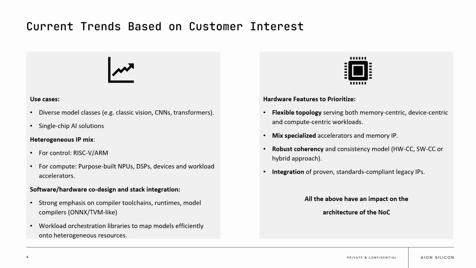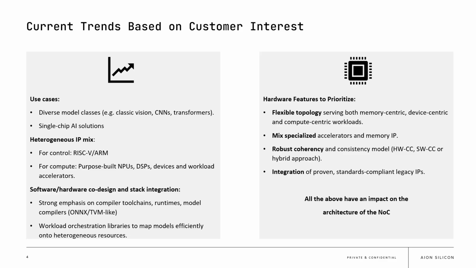With transformers, we've got encode only, which are your vision transformers, and then you've got decode transformers, which are similar to LLMs. In addition to that, we're seeing demand for classical vision applications as well. There is also demand for single chip AI solutions ever since DeepSeek had their success with a relatively small model compared to the GPT ones.